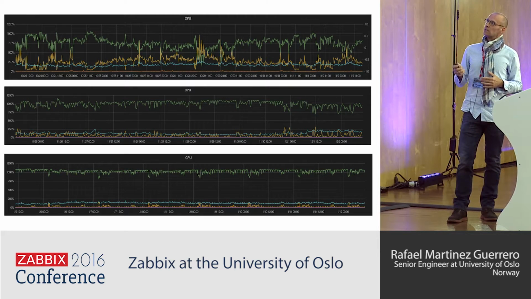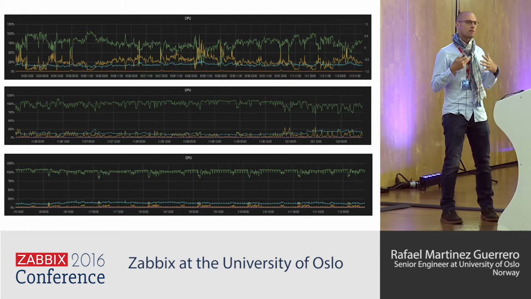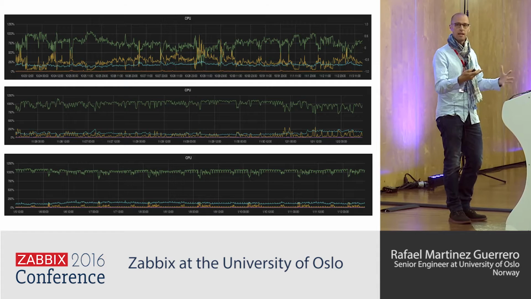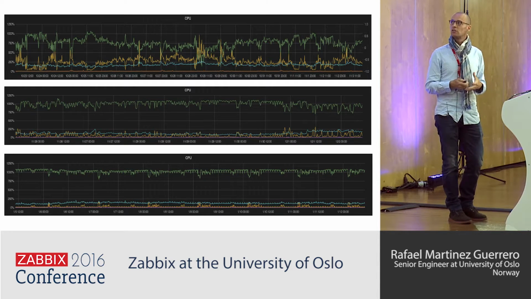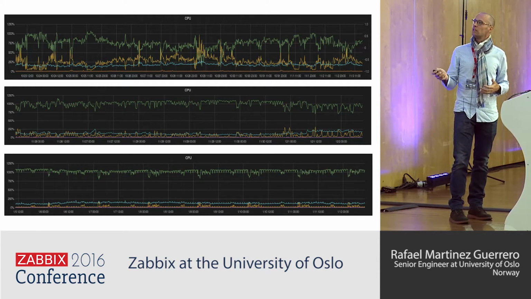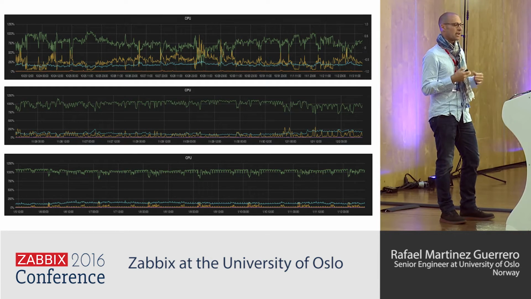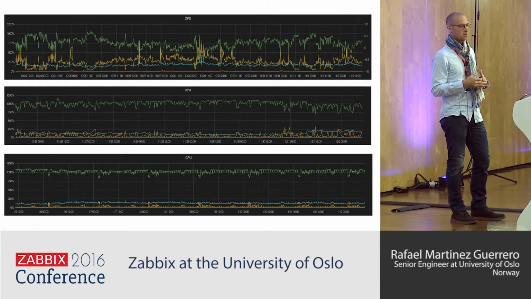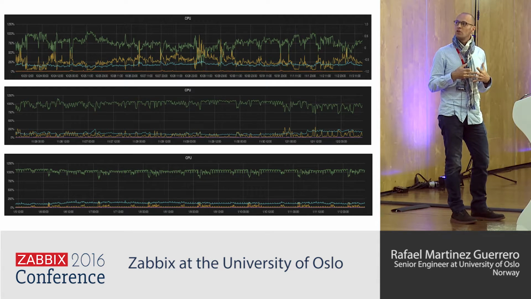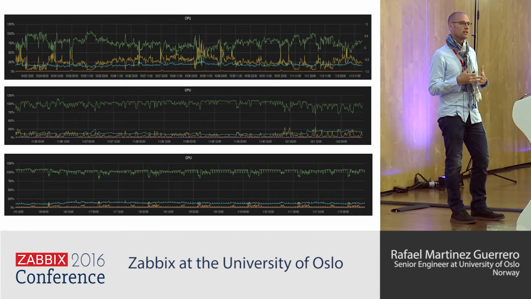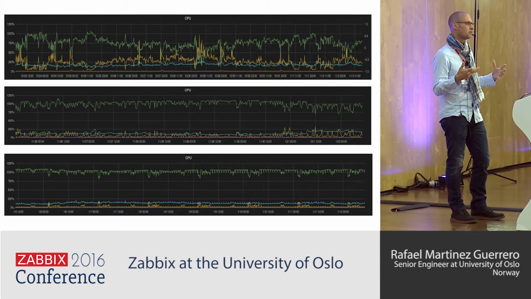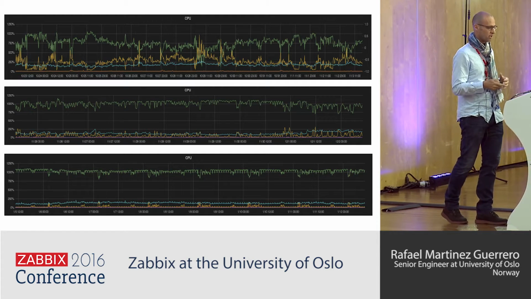So again, same system with the same amount of data coming in, the same amount of things you are monitoring, and three very different situations. Again, it was not a problem of Zabbix. And if you are running things in virtual environments, you have to be careful not to over allocate resources, and you have to have the resources.